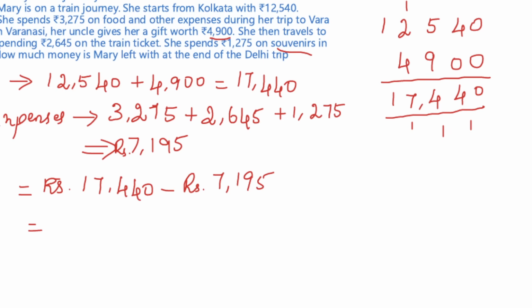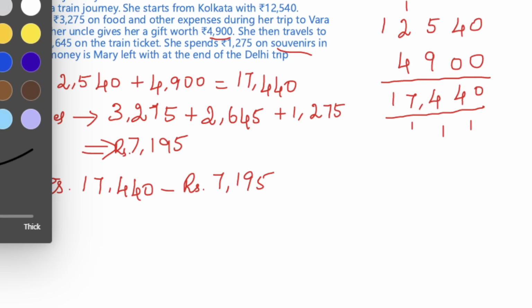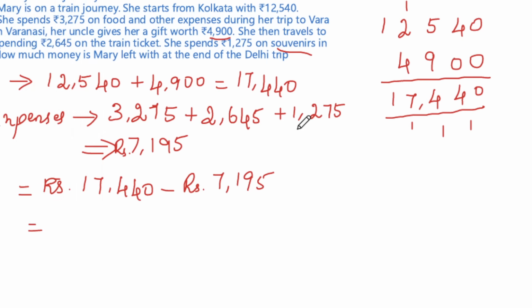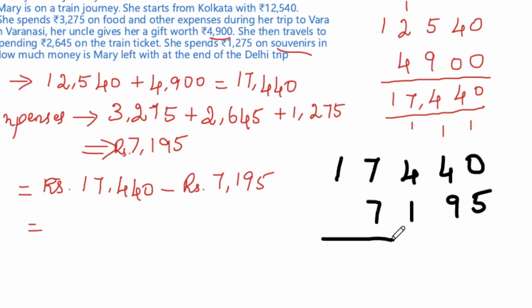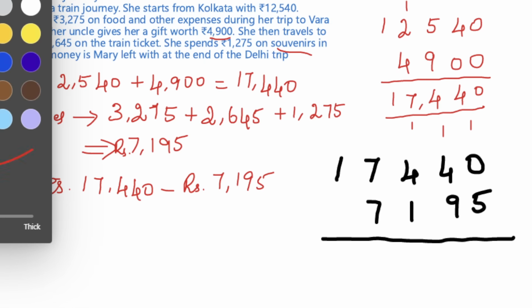I'll write the number in black. 17,440, this is in thousands, so it should be 7,195. I hope now this is visible to everyone.